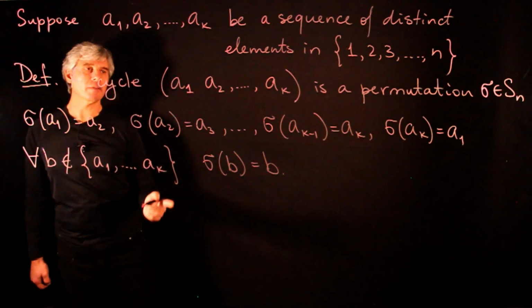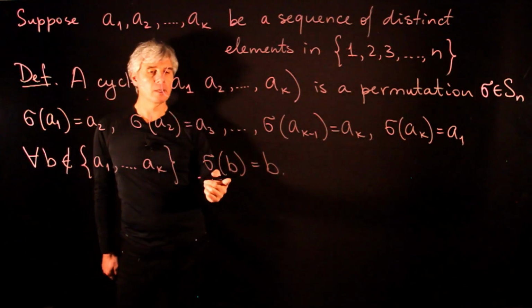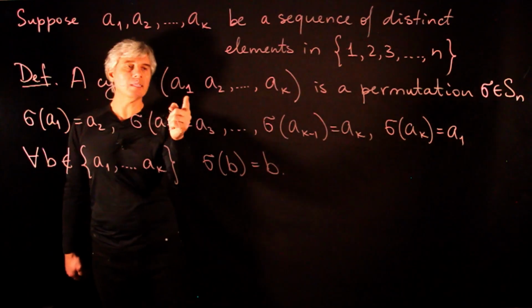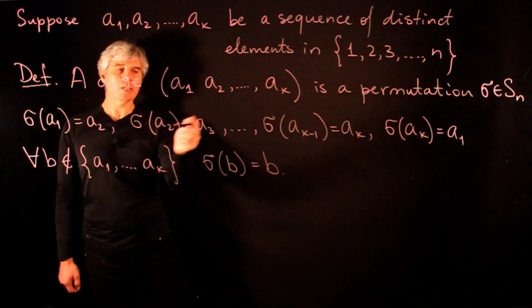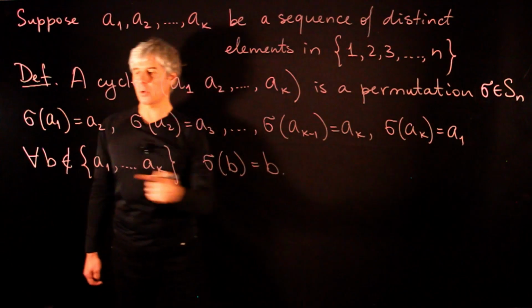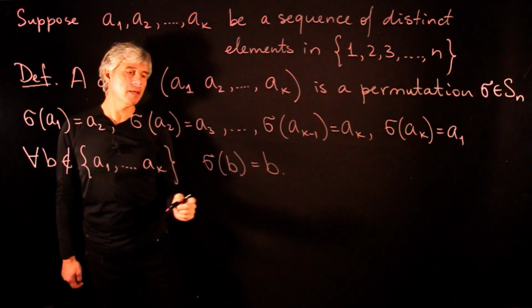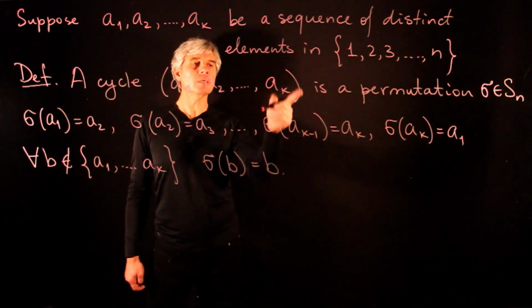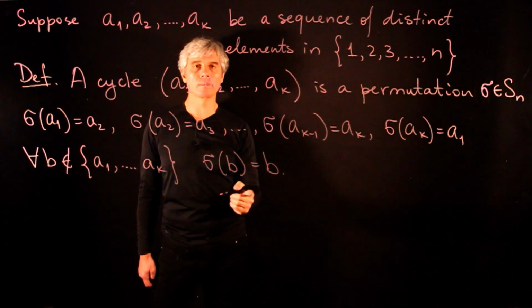So this means that a cycle permutation will permute elements of this cycle by shifting them, and the last one will go to a1, and all elements not in the cycle will be preserved.